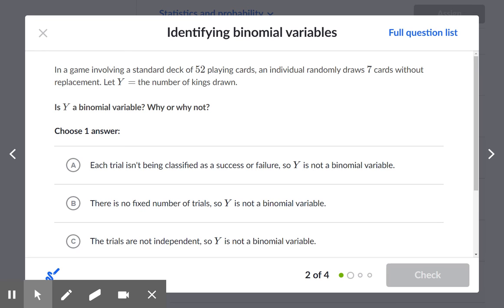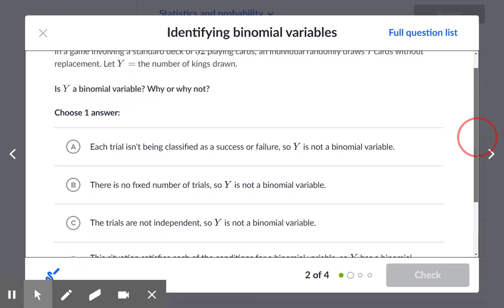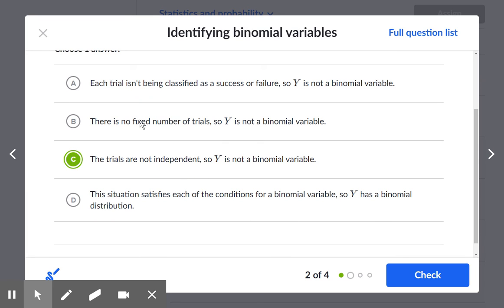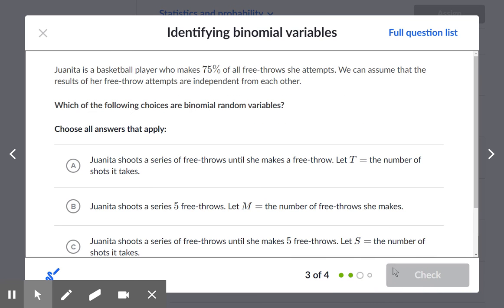So the probability of success is not constant. It's not independent. Each trial is classified as success or failure, and there is a fixed number of trials, 7 of them. But the probability of success is linked with the independence rule, so the trials are not independent. All right. Let's do another one.